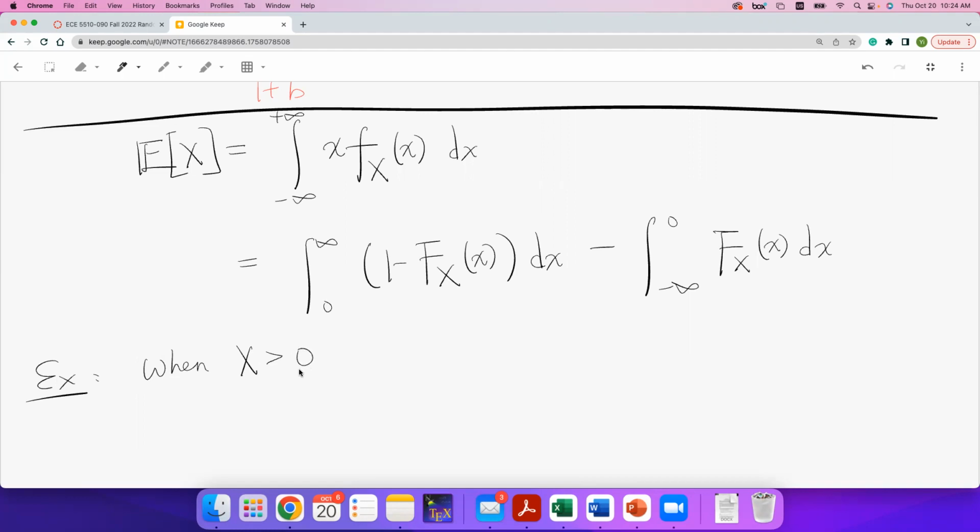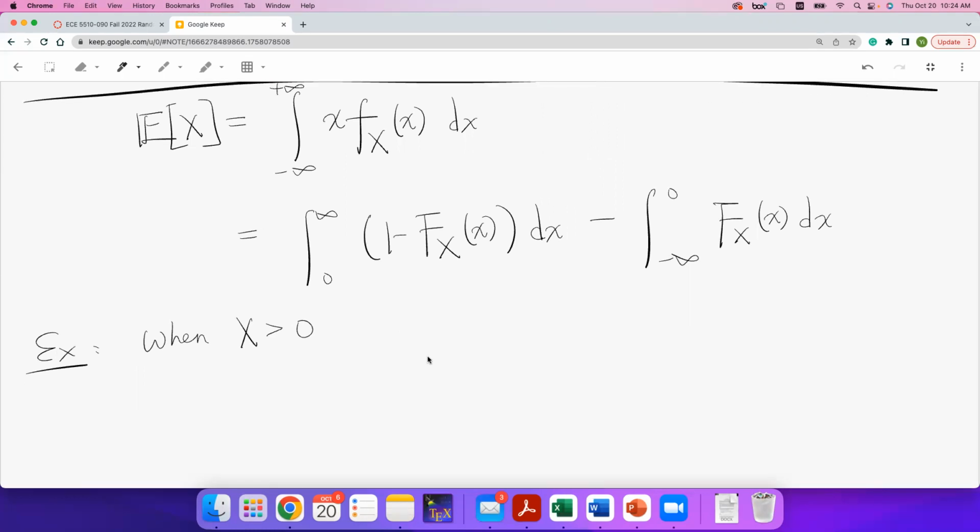So one example is if X is a positive random variable. Now, if X is a positive random variable, this part is 0 because X has no density in the negative domain. Okay, so this integration is 0. So if X is a positive random variable, we have this: the expectation equals this integration.